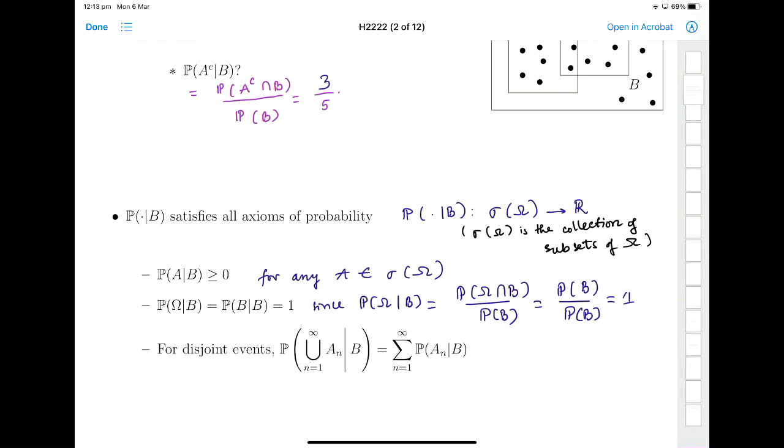Probability of the union of A_i, where A_i are disjoint countable, given B equals the sum of all probability of A_i given B.